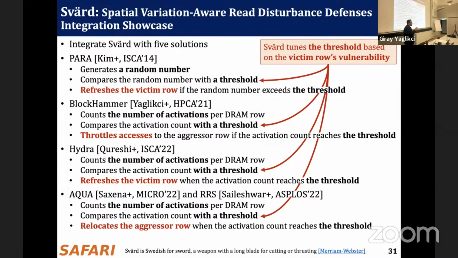Everything is based on the profiling data, and all these mechanisms, by the way, have their own security analysis in those papers. The security analysis starts with the basic assumption that I have the HC first value, or the RowHammer threshold, and that it's correct information. If that information is not correct, the security analysis is just garbage for all of these.